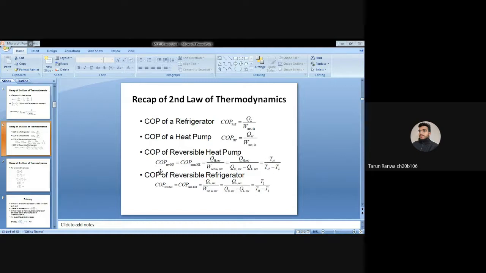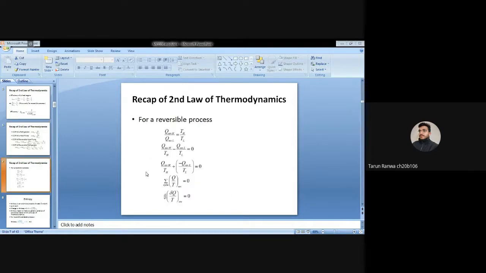And also we can write the COP value in terms of TL and TH for the COP of a refrigerator. Now, only for a reversible process, QH divided by QL equals TH by TL, and now QH divided by TH minus QL divided by TL equals 0.